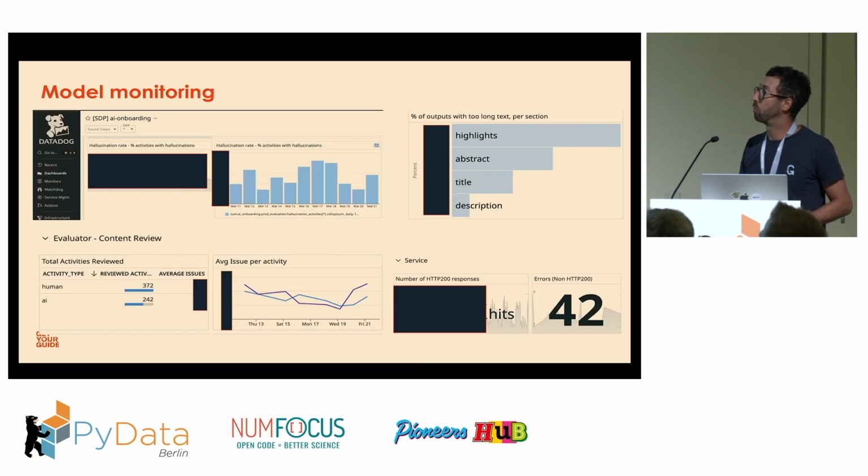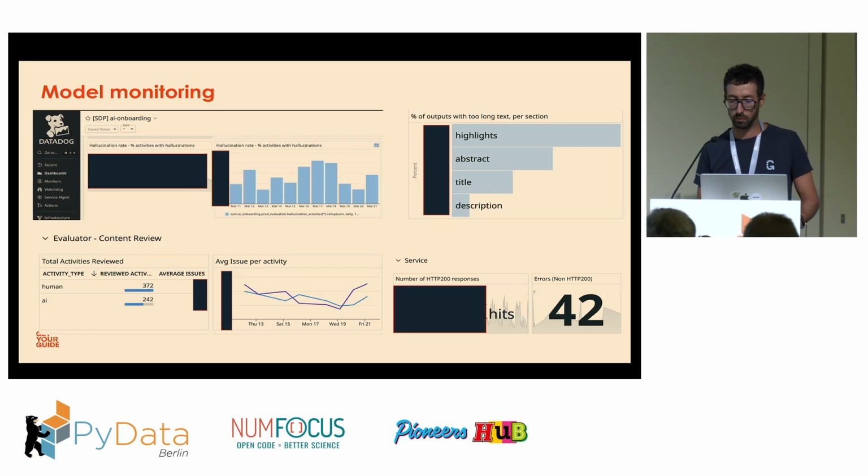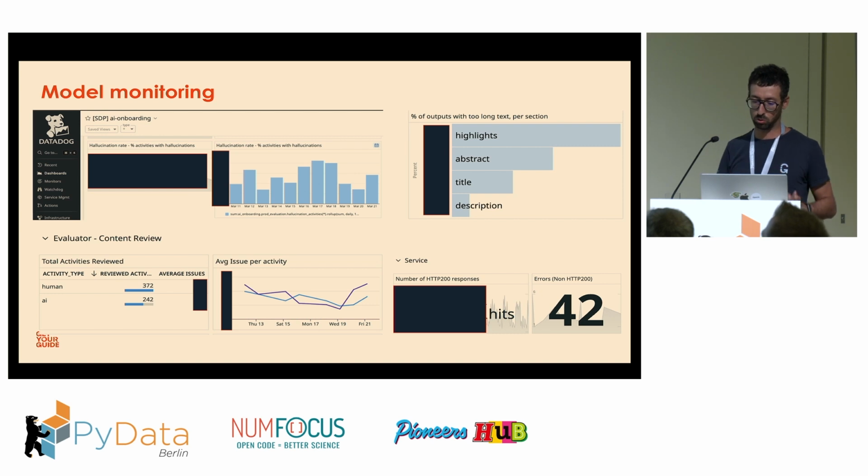Here is an overview of how our monitoring looks in Datadog. As you saw before, hallucination is a critical metric for us, and we track the percentage of activities which are created with hallucinations. We also track the percentage of time that the AI output is beyond the character limitation. This is what stands here for long text. Our supplier portal has a fixed limitation for each text, and we must ensure that the output is within the limits, and sometimes it doesn't happen, so we have this metric to capture that.